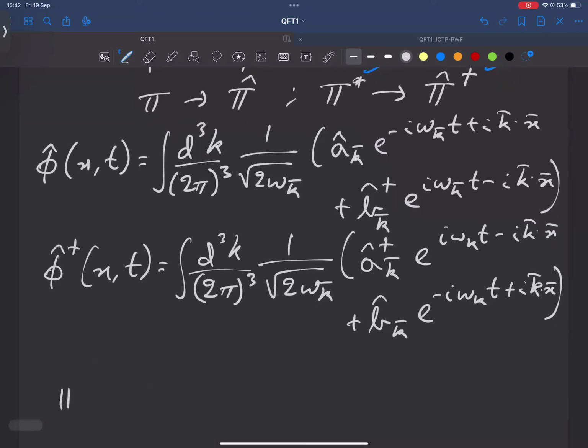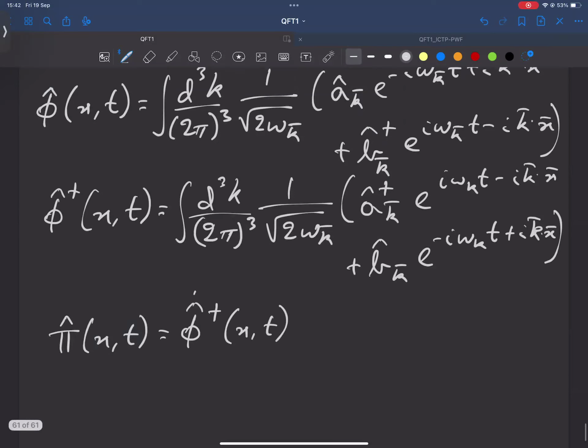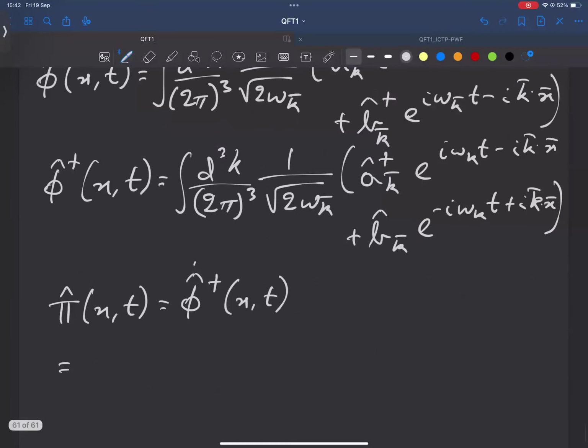And similarly, you can write down pi hat(x,t) as pi hat dagger(x,t). So let me write that down again. ∫d³k, square root of omega_k by 2.